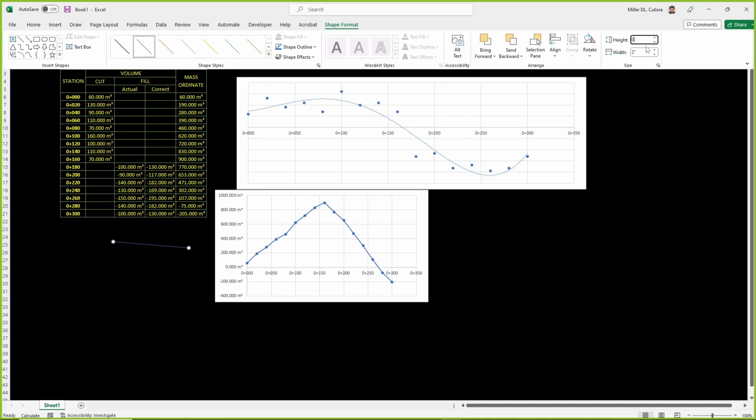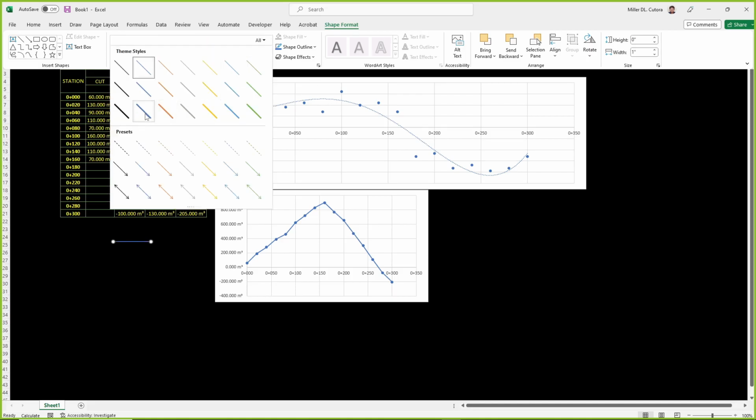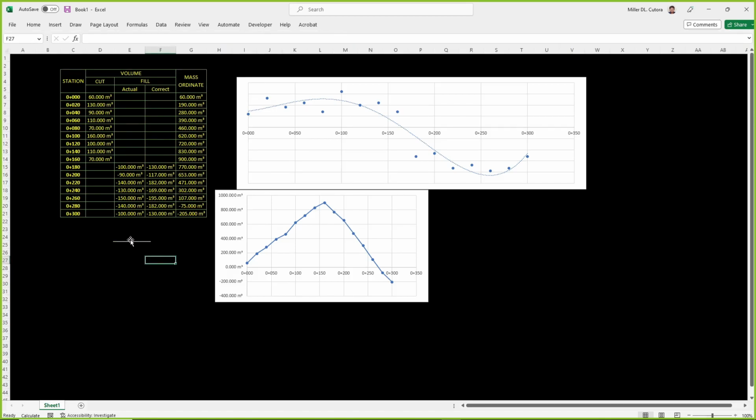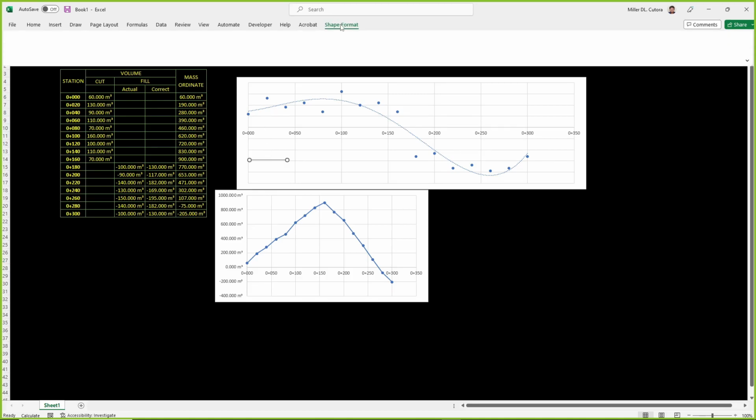This is 0. This is 1. Then, let's make it a thick blue.